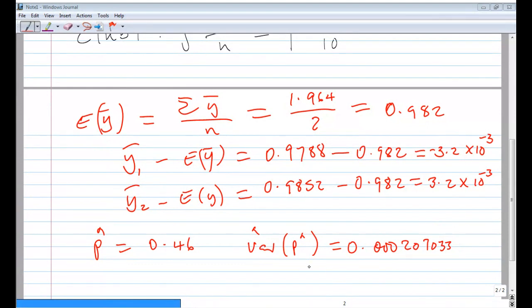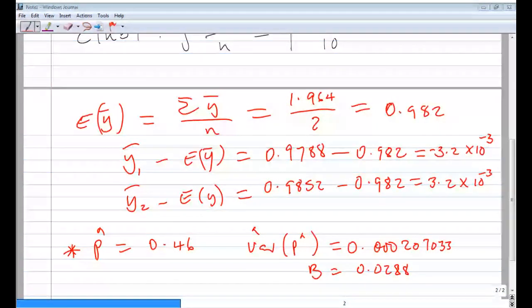And the bound, I find it to be 0.0288. This is what I got. Is this the same or is it different from what you got? Yeah, they're the same. Okay, so I hope you know how to calculate it.